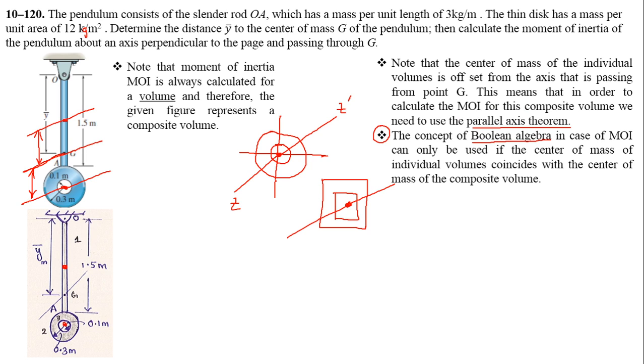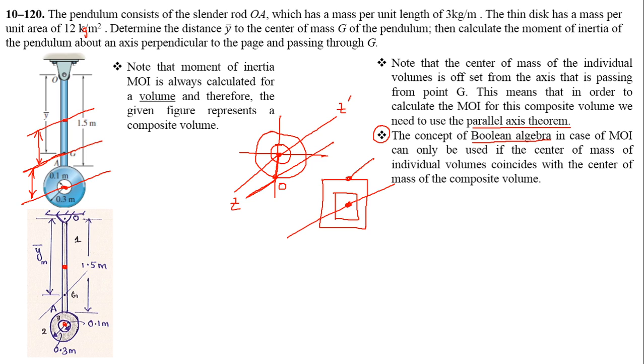Also, if I ask you to calculate the moment of inertia about this point, or about an axis that is passing from this point, then you can realize that the centroids of all these sub volumes are offset from this axis that is passing from point O.